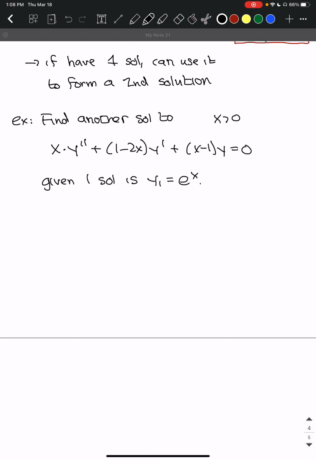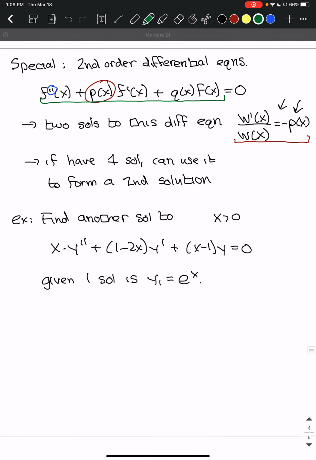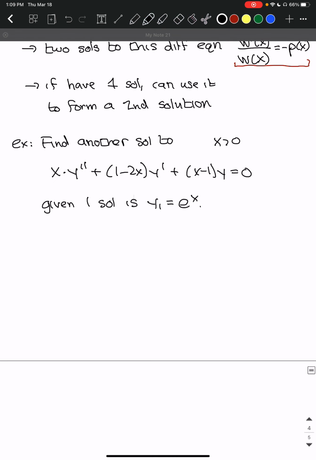So our first step here is we need to get it in the form of the special differential equation we have up here. So I need to get f double prime by itself. So I have y double prime plus 1 minus 2x over x y prime plus x minus 1 over x times y is equal to 0.